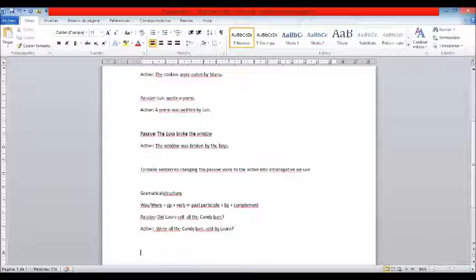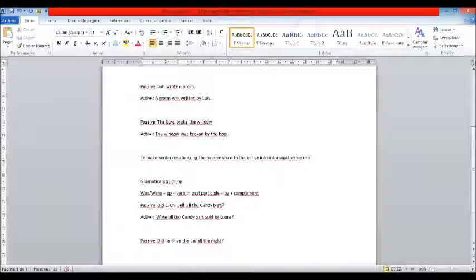Another example, passive: Did he drive the car all the night? Okay. How do we change it into the active?